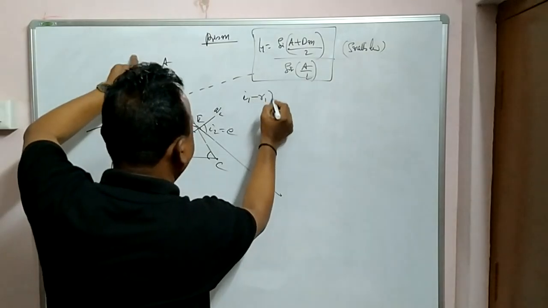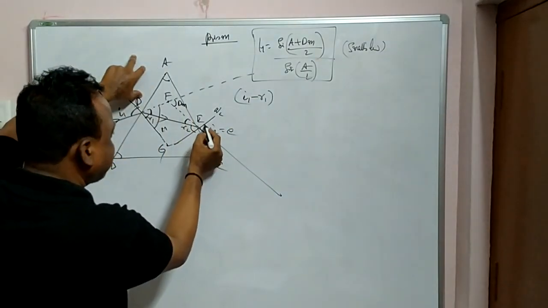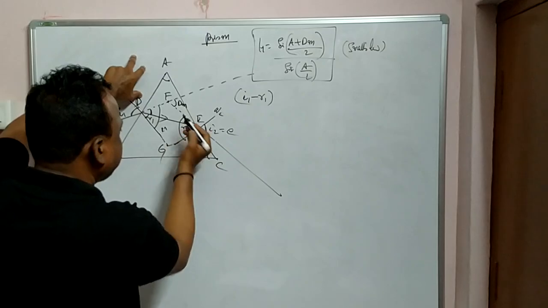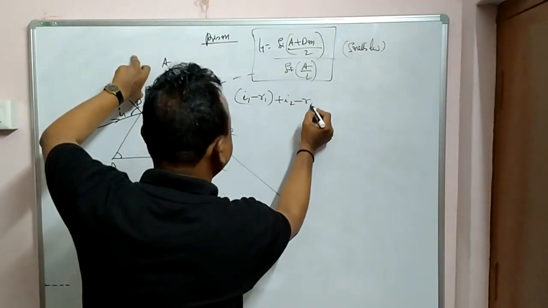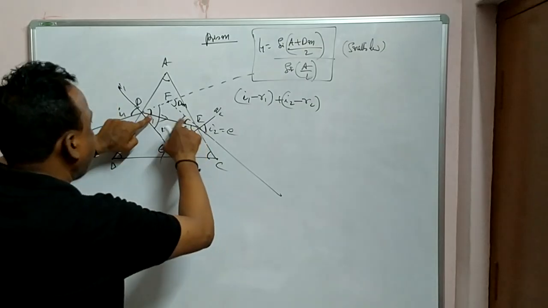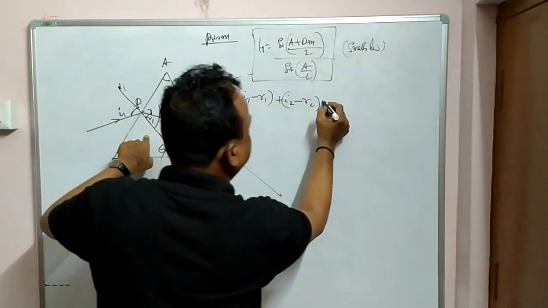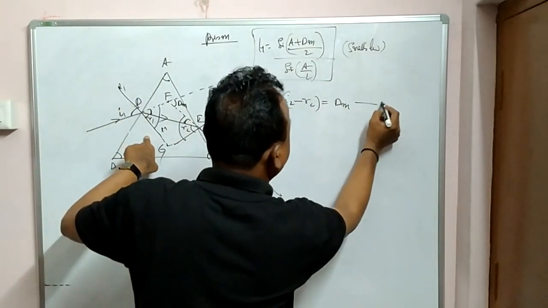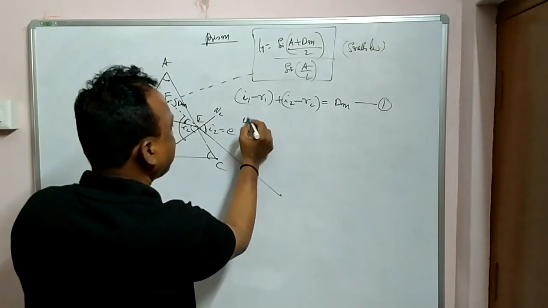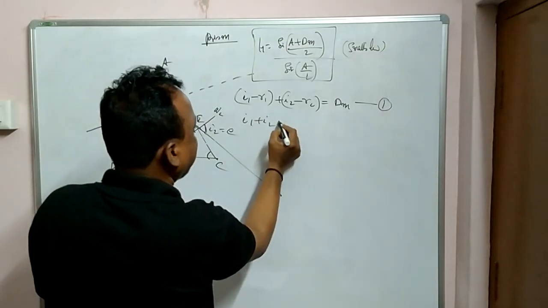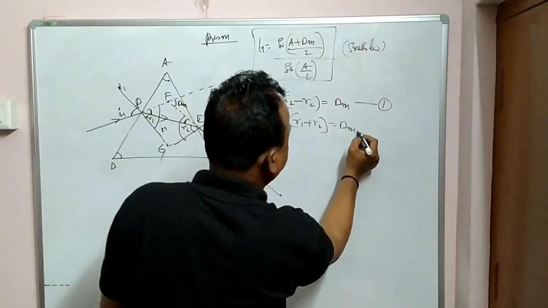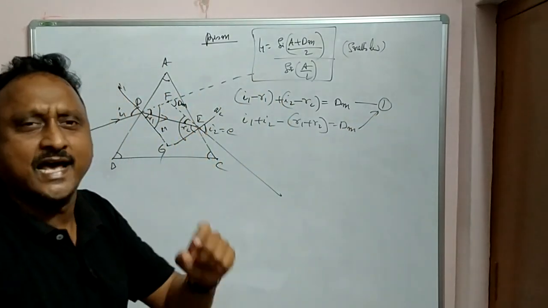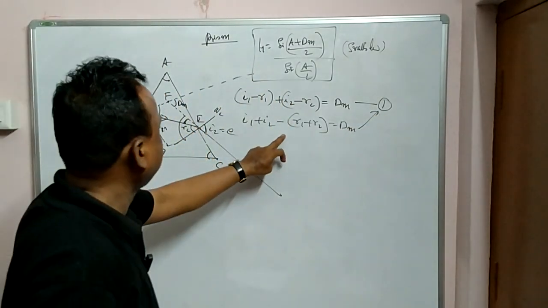I1 minus R1. In the same way, this angle is equal to this angle, I2 minus R2. And this angle plus this angle is equal to the exterior angle, that is the minimum deviation angle. So finally I1 plus I2 minus (R1 plus R2) is equal to dm. The dm is called the minimum deviation angle.